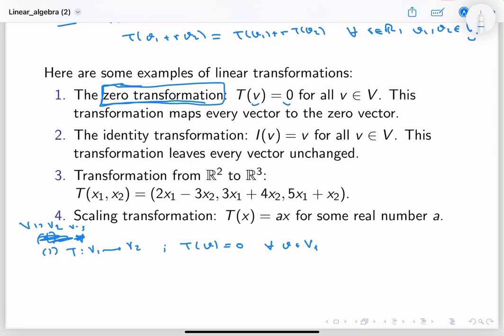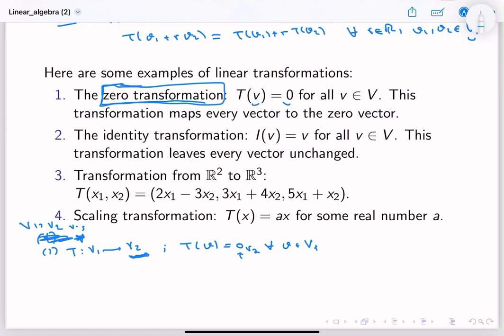And this zero is the zero vector, and since T of v is in V2, the codomain, this is the zero vector of the vector space V2. All right, so we're claiming that this is a linear transformation.